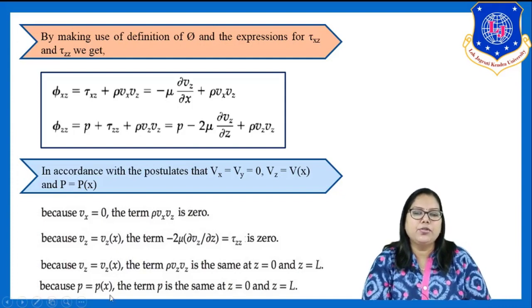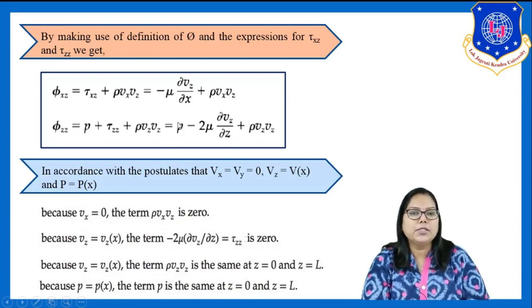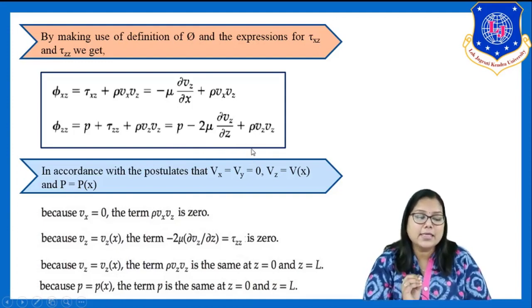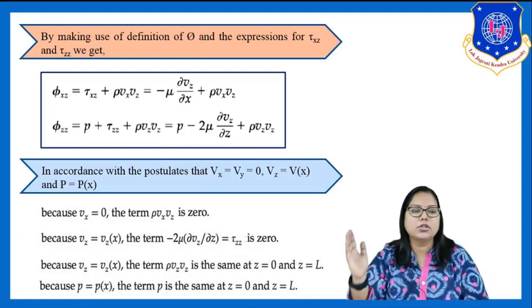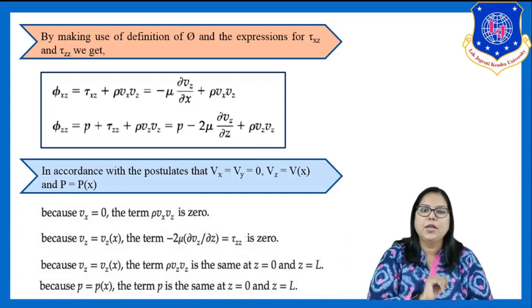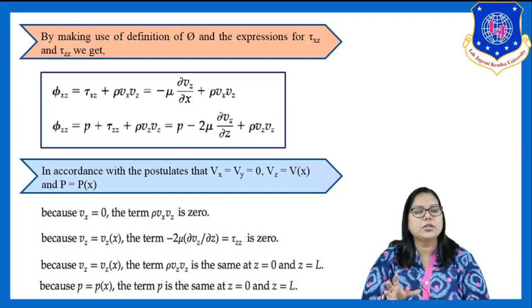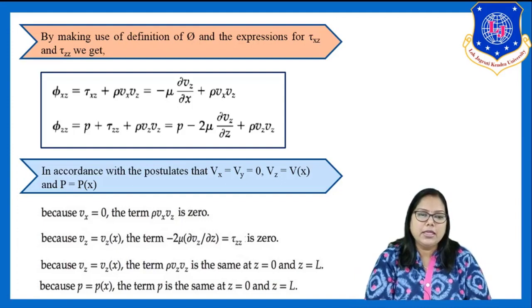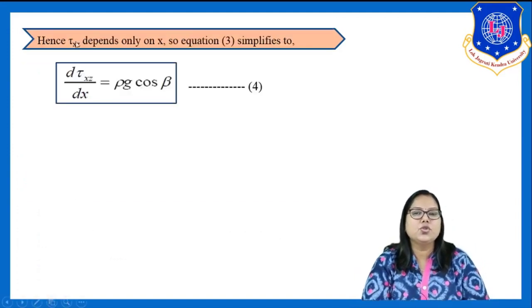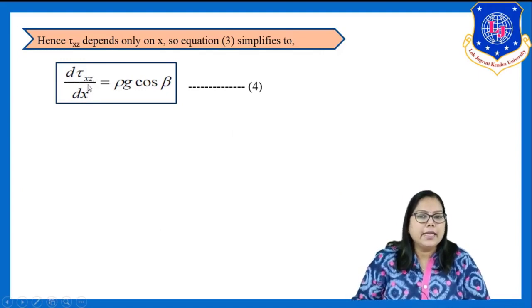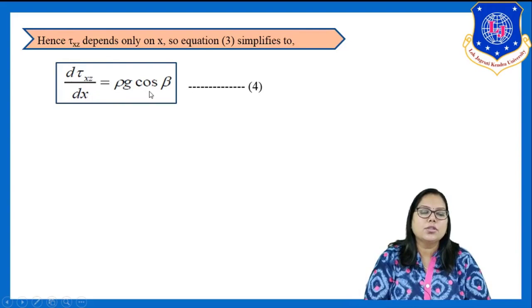And because P is a function of x, P is the same at z equals 0 and z equals L. So the P term and the rho Vz term both cancel out. After applying these assumptions in equation number 3, the equation reduces to d tau xz upon dx is equal to rho g cos beta.